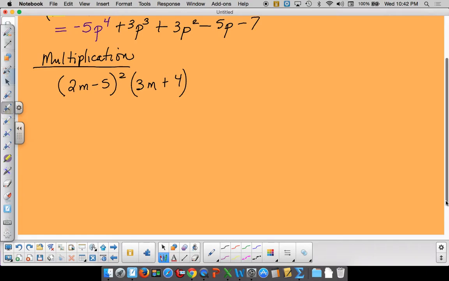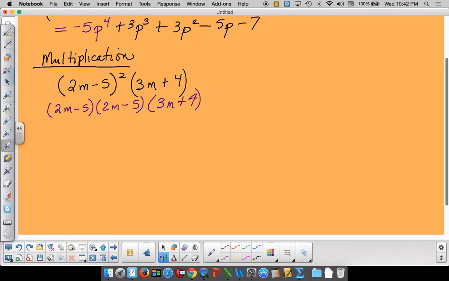And hopefully you're out there going, well, squaring a binomial means we should take 2m minus 5 times 2m minus 5. And then we'll also have to multiply it by 3m plus 4.